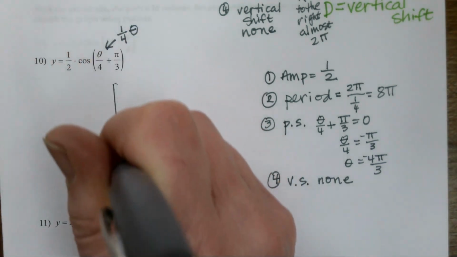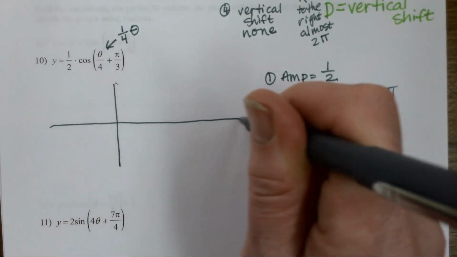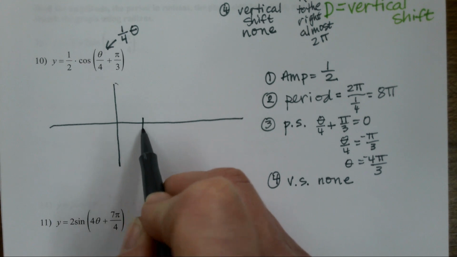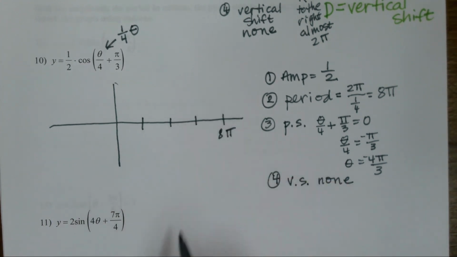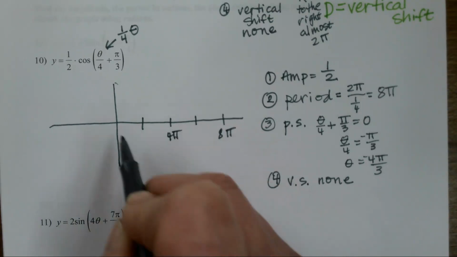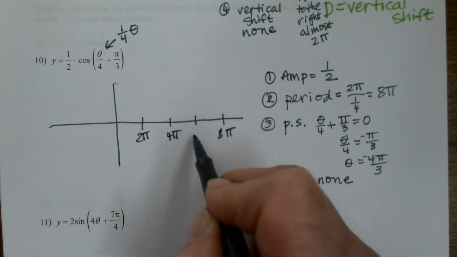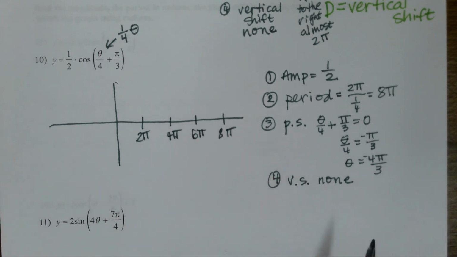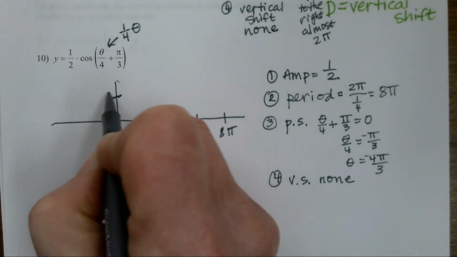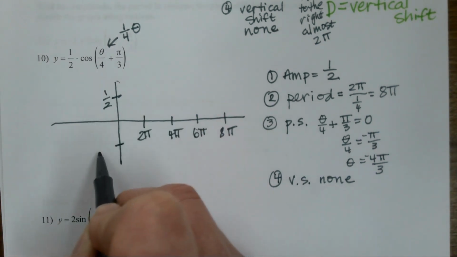So I am going to give myself room to the left. Then I'm going to do my standard 4 marks. This one ends at 8 pi, 4 pi. Cut that in half, 2 pi, 2, 4, 6, 8. Just counting my way through. 1/2, negative 1/2.